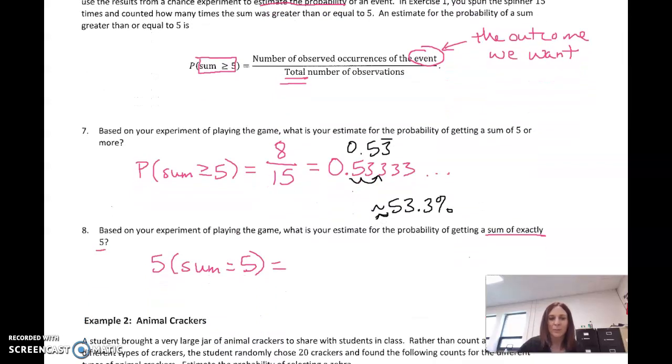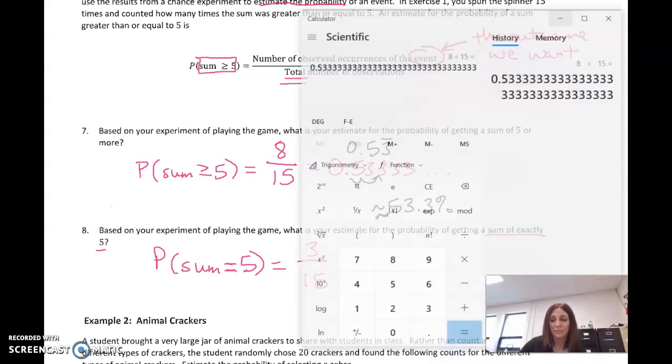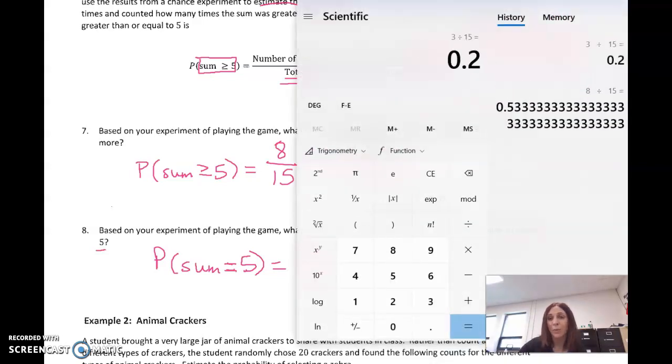So the probability of getting a sum of exactly 5 happened 3 times out of the total, 15. So again, 3 over 15, which is 3 divided by 15, 0.2.